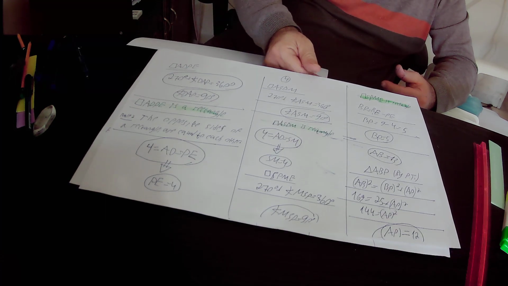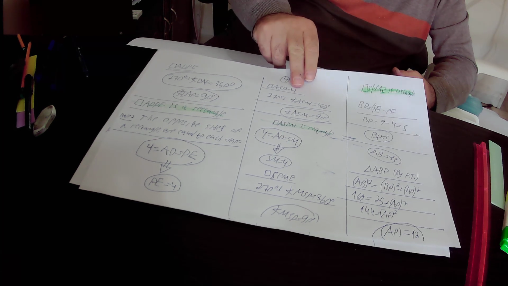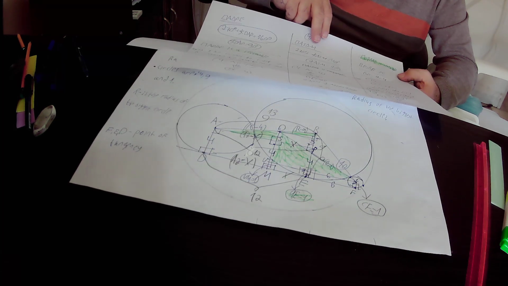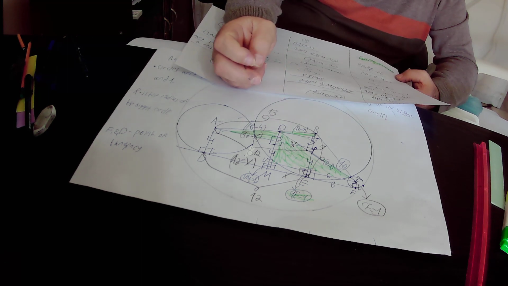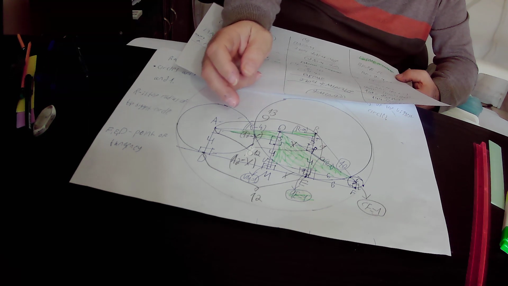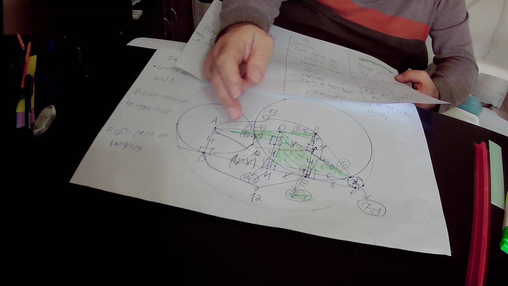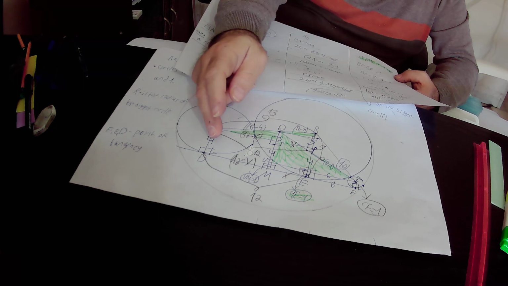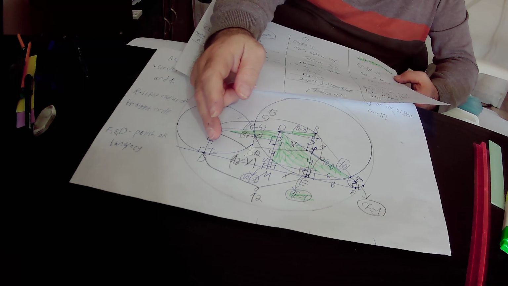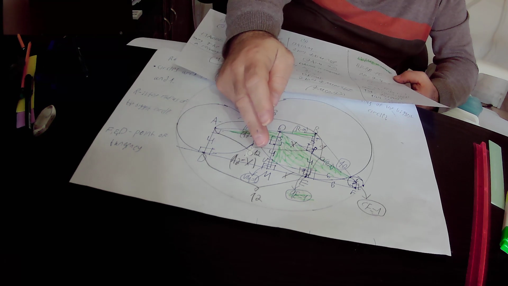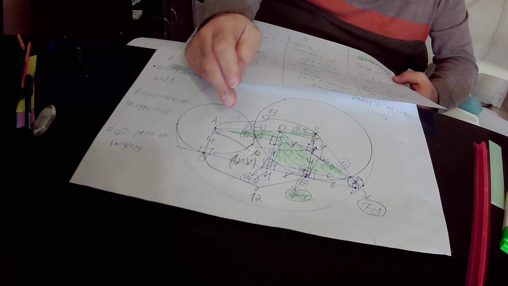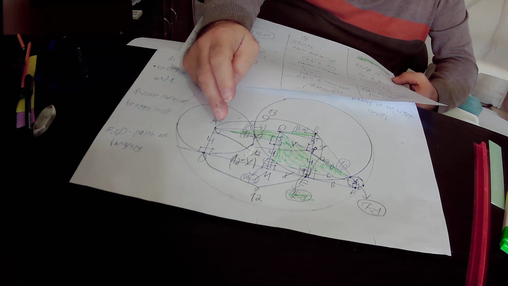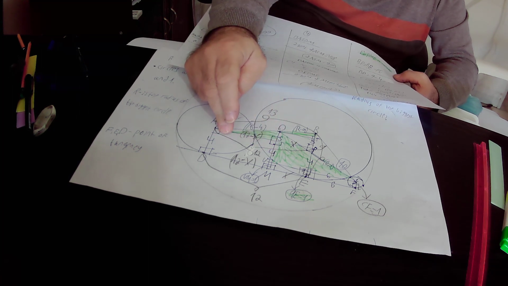In this quadrilateral we have 3 right angles: 1, 2, and 3.